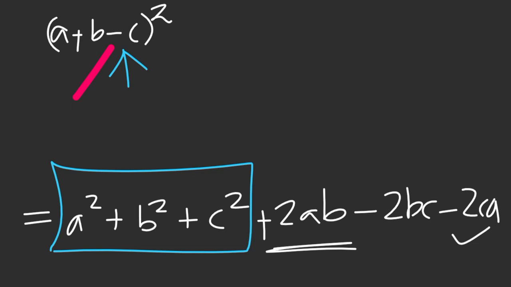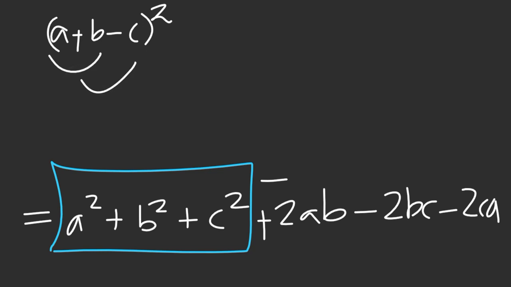And with practice you might not even need to look after these things. While writing, you can keep on writing the formula with its sign itself, because you see here two positives in AB, so we write a positive sign. We see a positive and a negative in BC, so we put a negative sign, and on C and A you see a negative and a positive number, hence we put a negative sign out here.